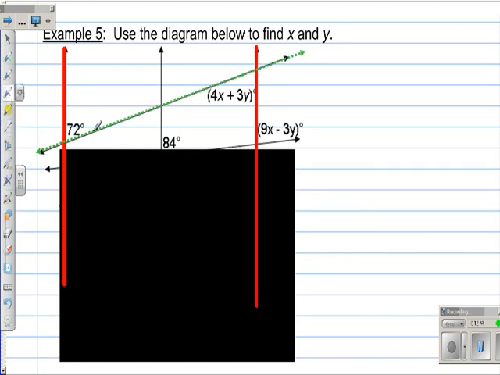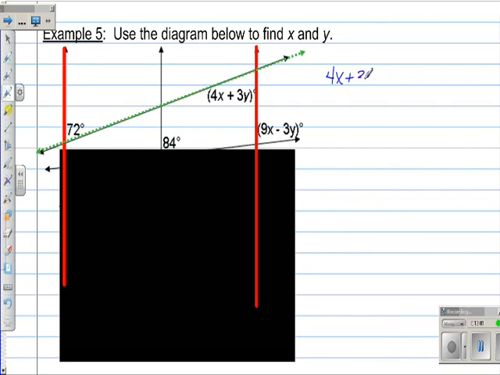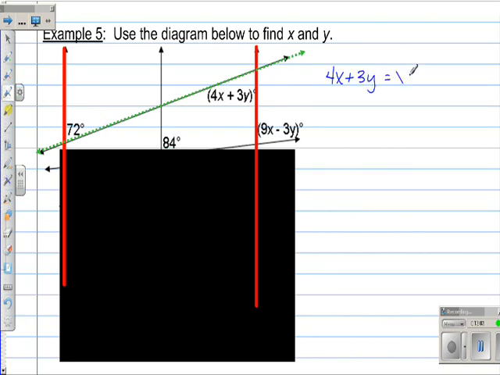Now, you can see on those two parallel lines and this transversal, 72 degrees and 4x plus 3y, those are alternate interior angles. So since the lines are parallel, then alternate interior angles are congruent, so you could say 4x plus 3y equals 72, okay?